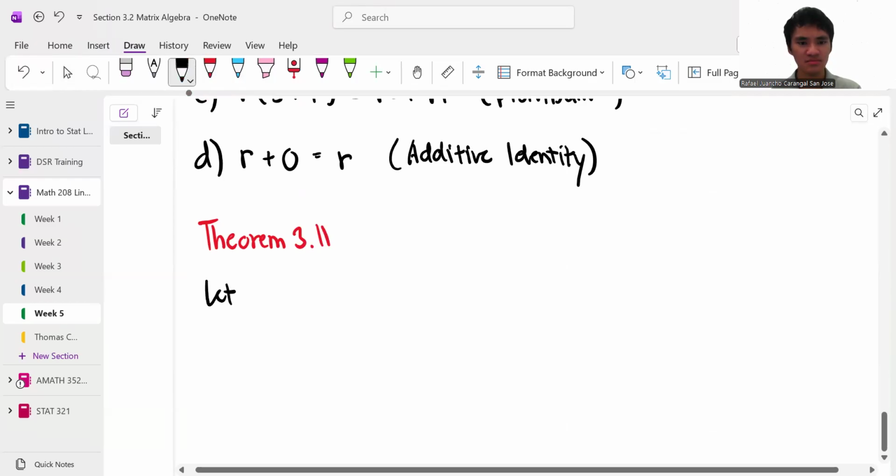3.11. So again, we let S and T be scalars. A, B, C be matrices, or in this case, N by M matrices.